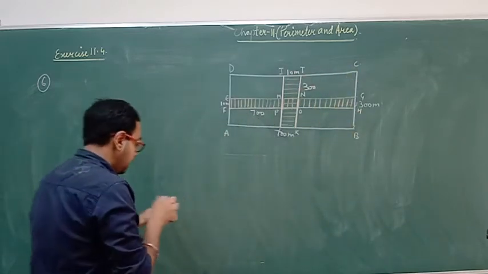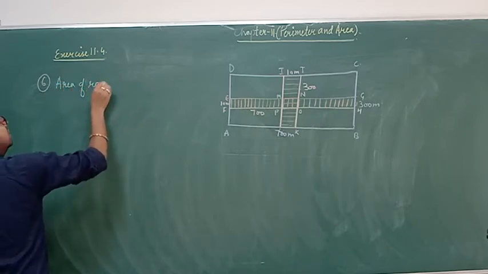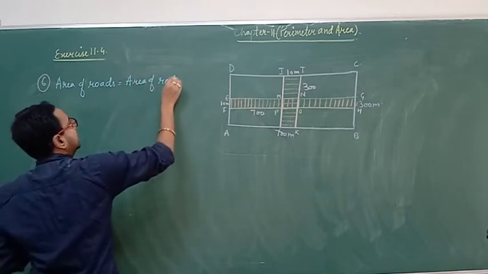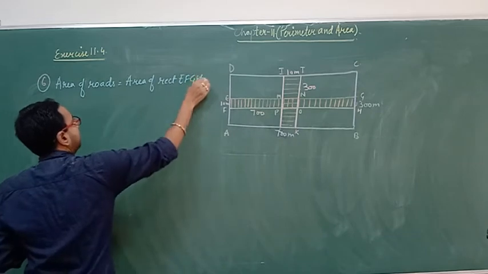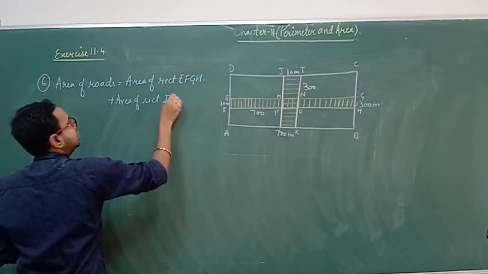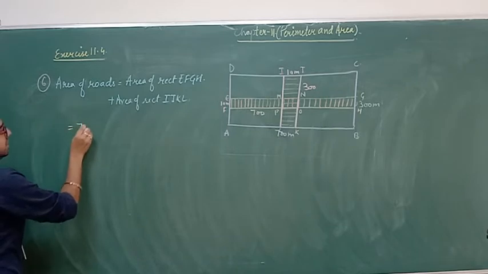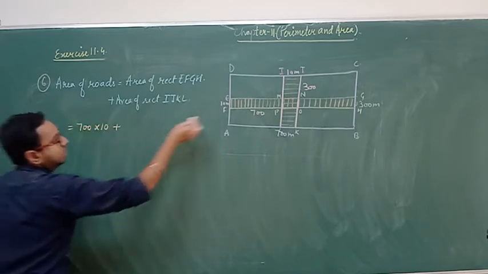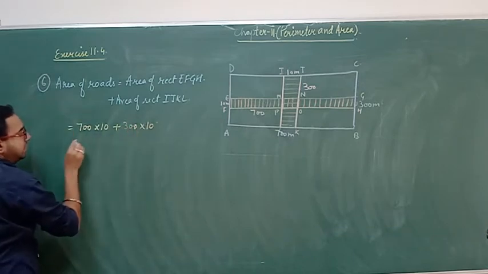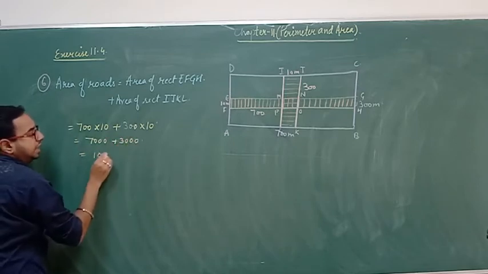Now, area of roads is equal to area of rectangle EFGH plus area of rectangle IJKL. What is length? Length is 700 into 10. Here 300 into 10. That is 7,000 plus 3,000. We got the answer 10,000.